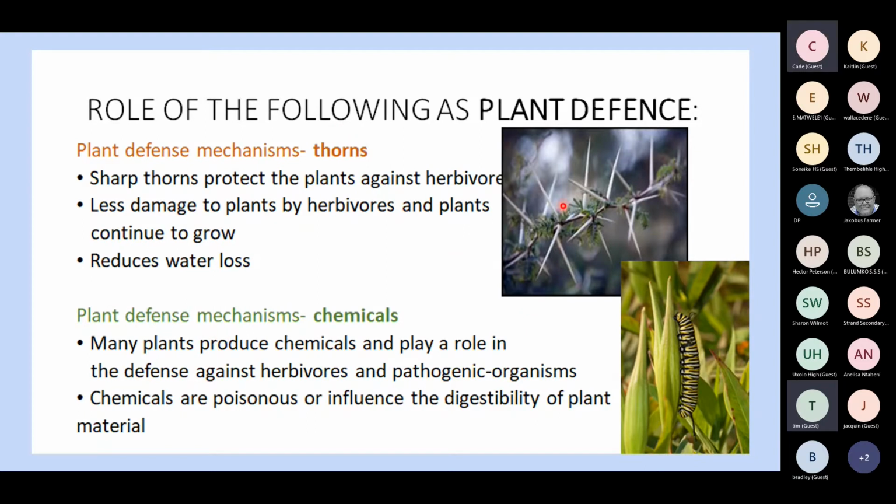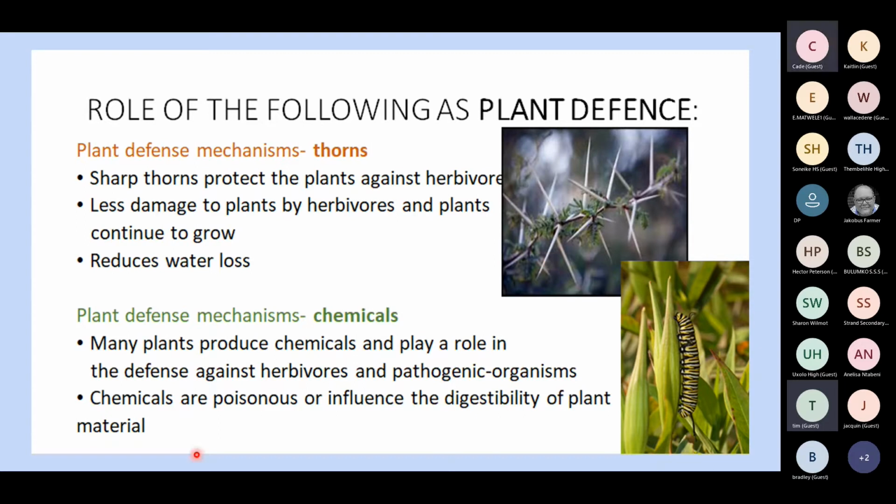There's a picture of our thorns. Sharp thorns will protect the plant against herbivores. Those are animals that eat plants. So that means there's less damage by the herbivores to the plants, meaning the plant will make sure it continues to grow. And also the thorns will reduce water loss.